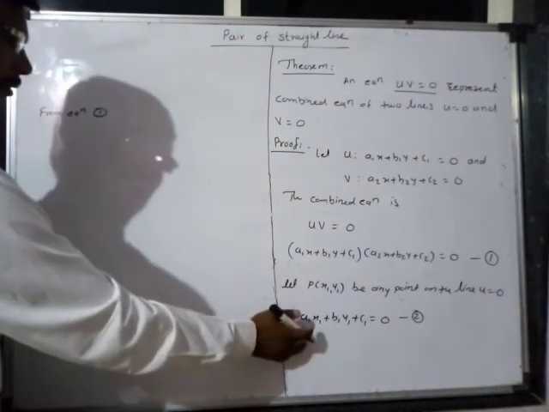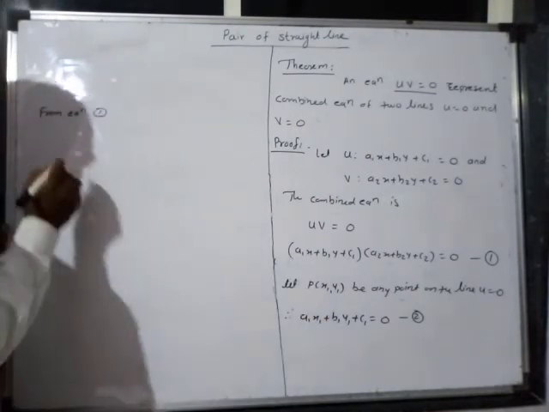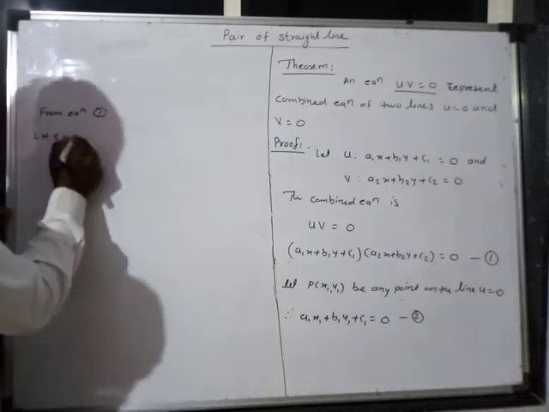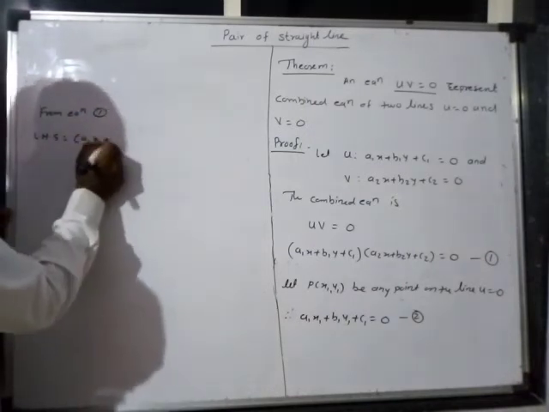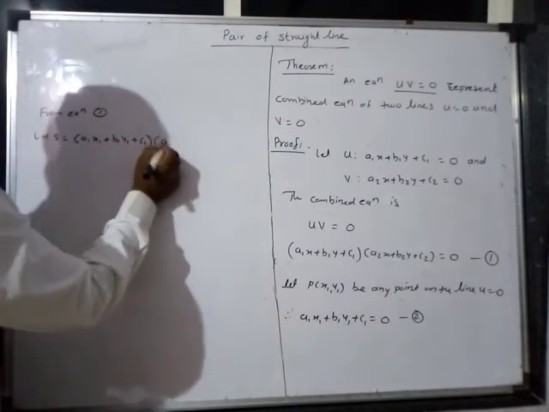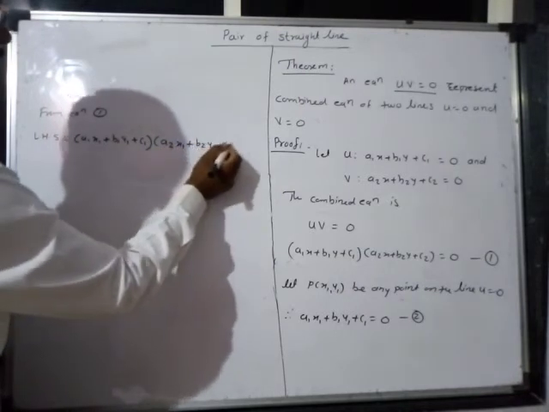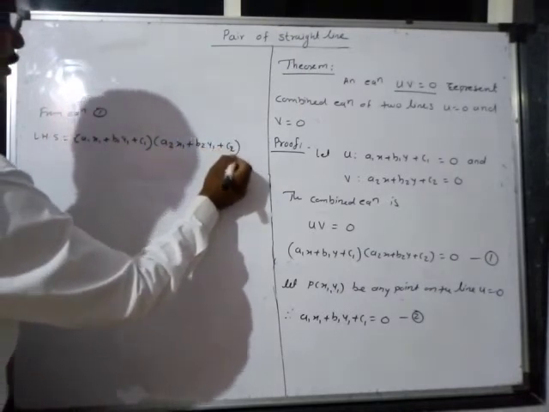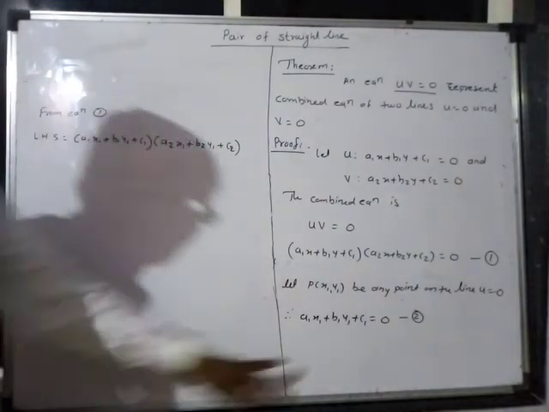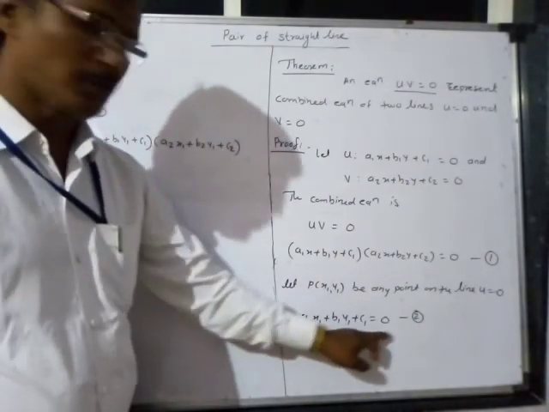We have to prove that this point lies on this line. Okay, so LHS is equal to a1 x1 plus b1 y1 plus c1 into a2 x1 plus b2 y1 plus c2. Okay, and we know that from equation 2, a1 x1 plus b1 y1 plus c1 is equal to 0.